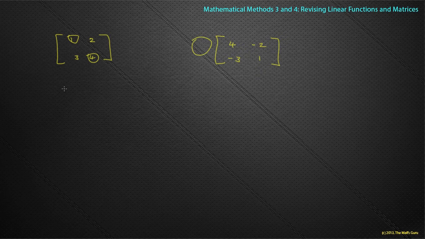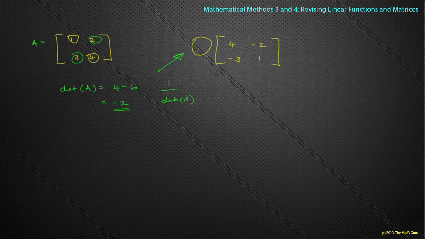Now we already know the determinant of this matrix, and we'll call it A again, was equal to AD, which is 4 times 1, which is 4, minus these two together, which is 6, so that gives you negative 2. And to work out the inverse, there is a fraction that goes in front of this, which is 1 over the determinant.